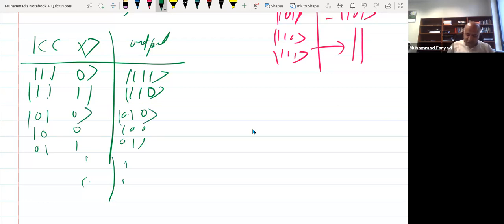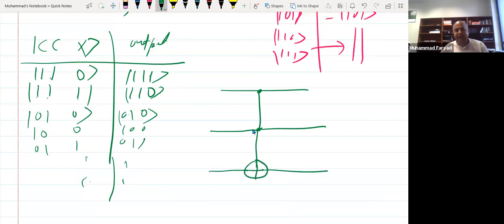This means that the Toffoli gate, which has a symbol like this, is actually an entangling operation between 3 qubits, because depending on the state of these 2 qubits, you perform an X gate on the 3rd qubit. So C1, C2, and this is your target qubit. It has a truth table like this, where an X gate is implemented only if these 2 qubits are in the 1 state.